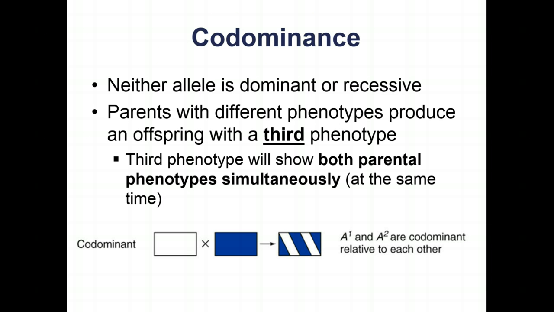Let's talk about another situation that didn't follow Mendelian rules of inheritance. Let's talk about codominance. In codominance, neither allele is traditionally dominant or recessive. And in the case of codominance, both alleles will try to show up simultaneously.